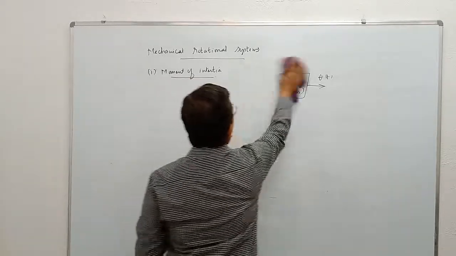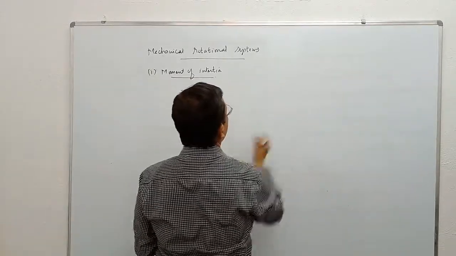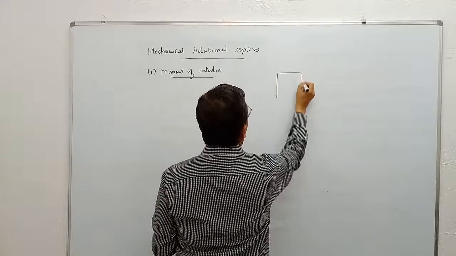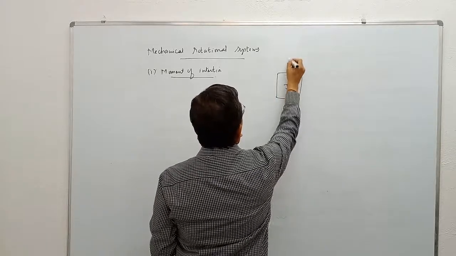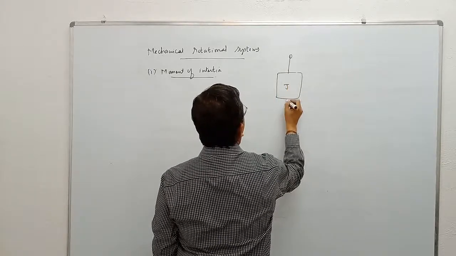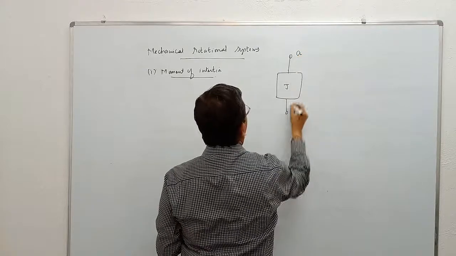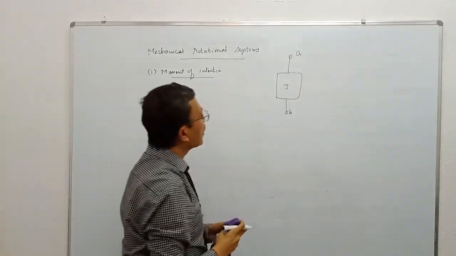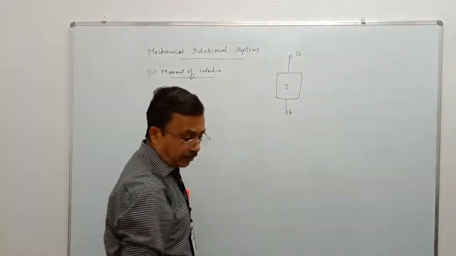So symbolically I represent it in this manner. J having endpoints A and B. Unit of J is what?